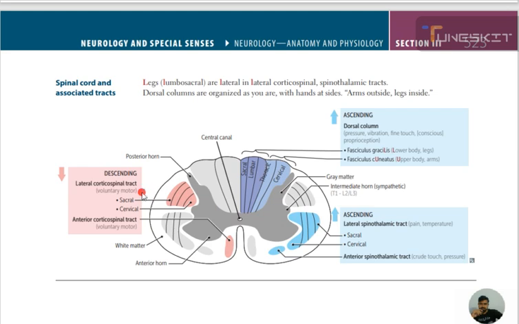So these lateral corticospinal tracts, which are descending, carry voluntary response, motor response, which will happen in response to these sensations, temperature or pain. Similarly, the anterior corticospinal tracts, which are descending, also carry the information related to the motor system.